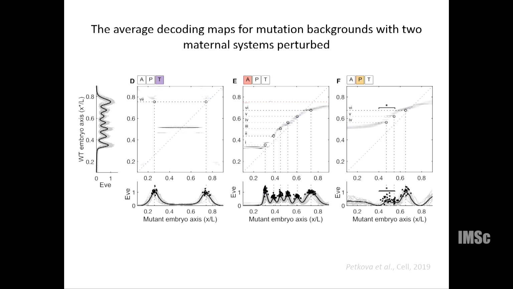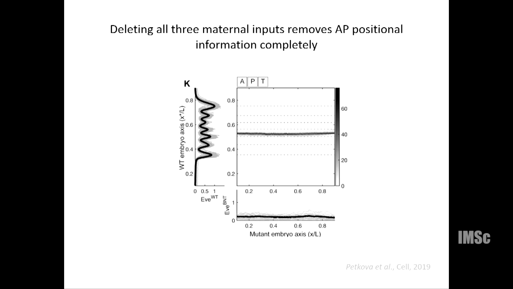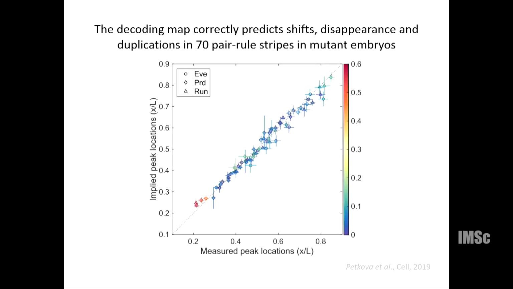And then finally, if you remove all, you basically have no stripes. So you remove completely the information. And now if you quantify all these predictions, they found out that with very good, I think they predicted 95% of all possible intermutants, all possible shifts, disappearance, and duplications in these parallel stripes.